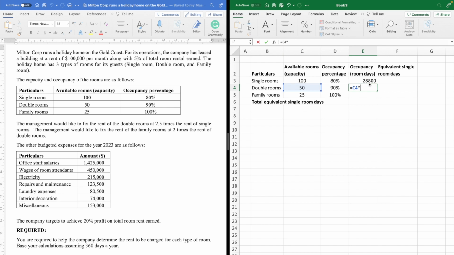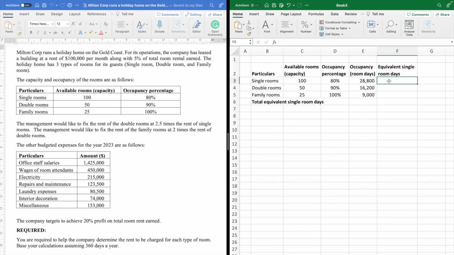So 50 double rooms times 90% occupancy times 360 days a year, followed by family rooms, which are 25 in number. These are occupied 100% of the year times 360 days a year. So we now have the annual room occupancy for each of the room categories.